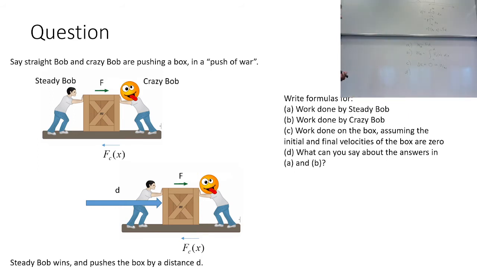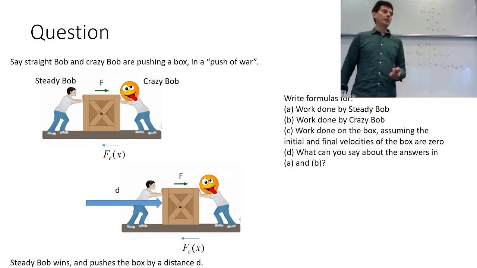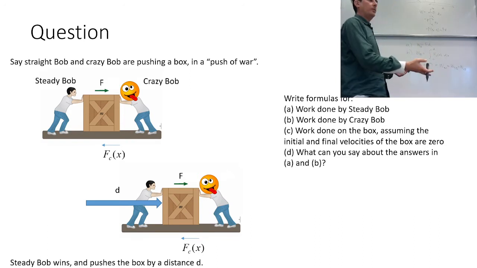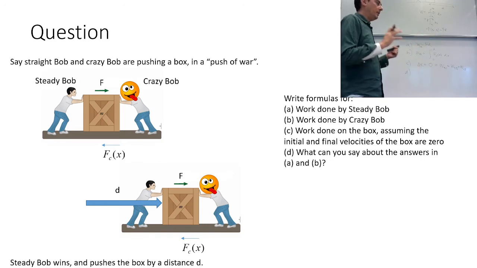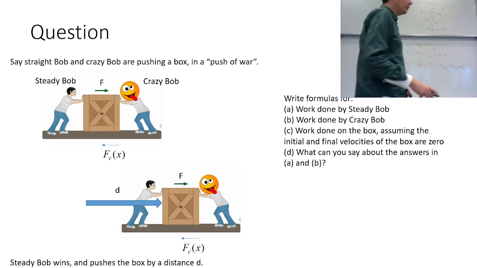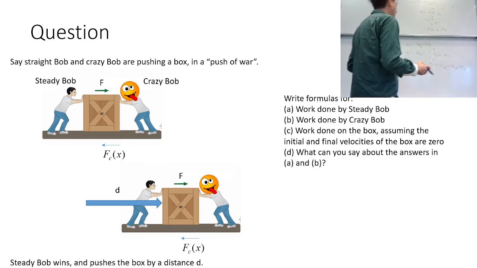So what can you say about the answers in A and B? We know that this is the total work done on the box. So this must be this one plus this one, right? Because there's two forces on the box. Steady Bob is applying force, Crazy Bob is also applying force.